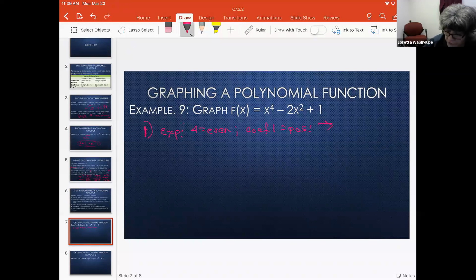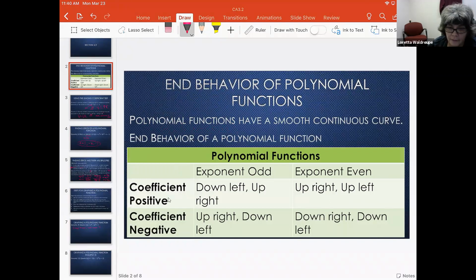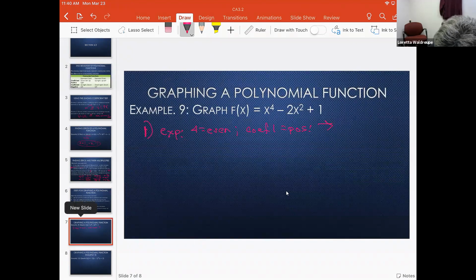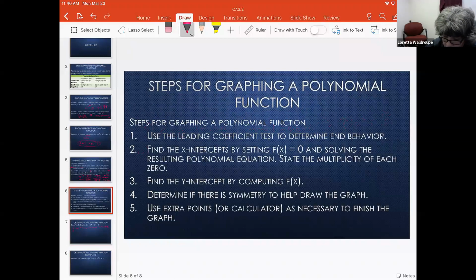What does that mean for your graph? Positive, even. Go back to your table. Positive, even, up and up. Okay?